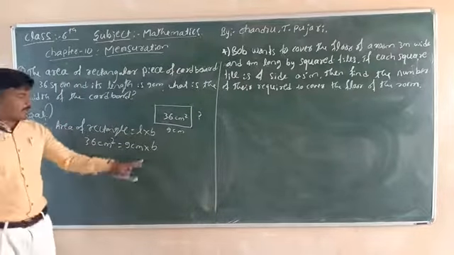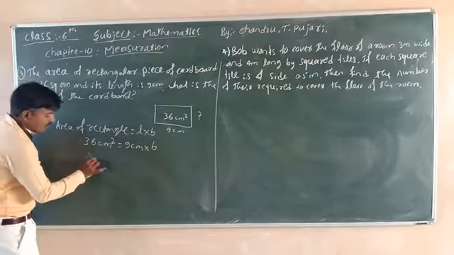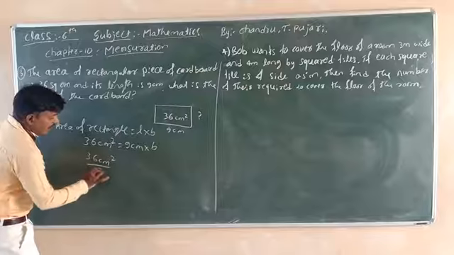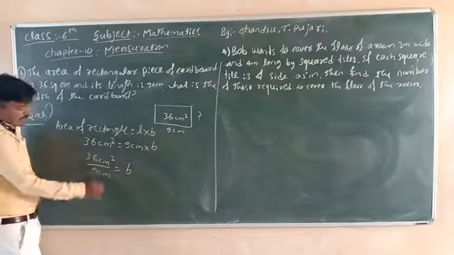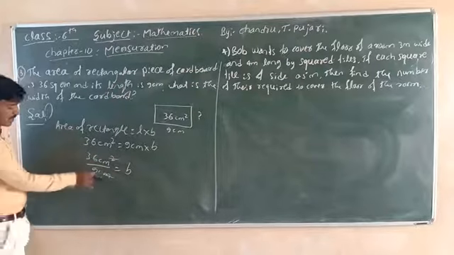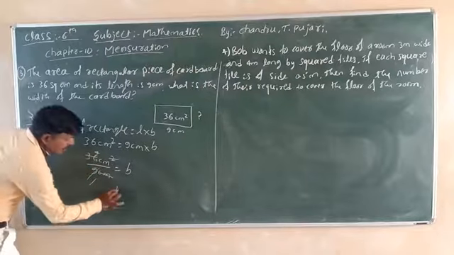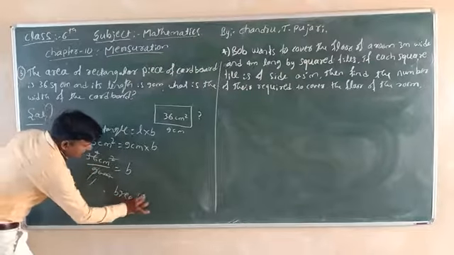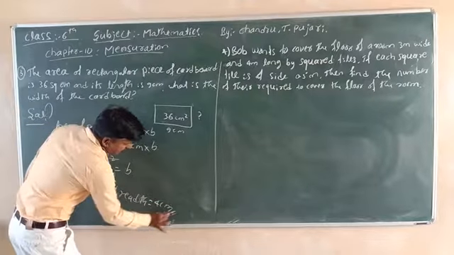Next, take the 9 to this side. Therefore, 36 centimeters square divided by 9 centimeter is equal to breadth. Centimeter square and centimeter, one centimeter cancels. Nine fours are 36. Therefore, the breadth of the rectangular cardboard is 4 centimeters.